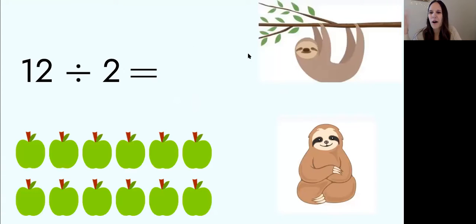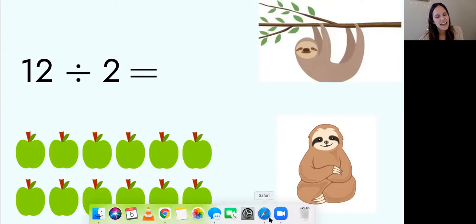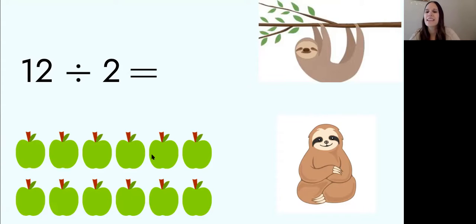So first of all, we know about the fundamentals of division, right? We know that division, we start with one number and we try to divide that number into equal groups, a certain number of equal groups. So for example, we might try to divide the number 12 into 2 equal groups. So these 2 sloths have 12 apples that they are trying to share equally.